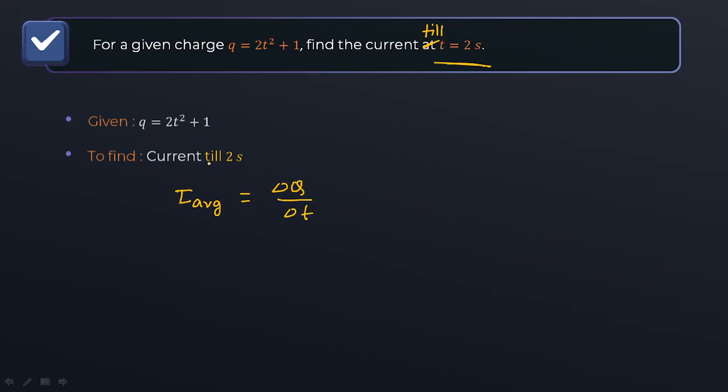So can I say that at t equal to 0, the charge Q will be equal to, if you put the value of Q, 2 into 0 plus 1, so that will be equal to 1 coulomb.